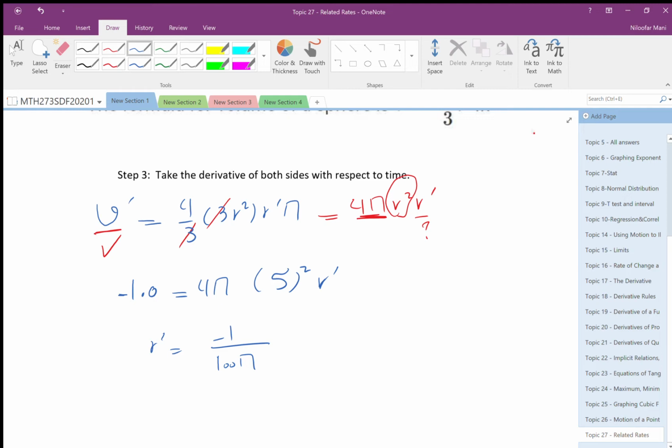Let me see. Yes, it's 25, and 25 times 4 is 100. So it is 3.18 times 10 to the power minus 3.